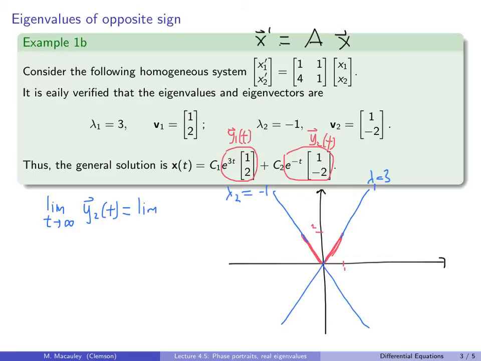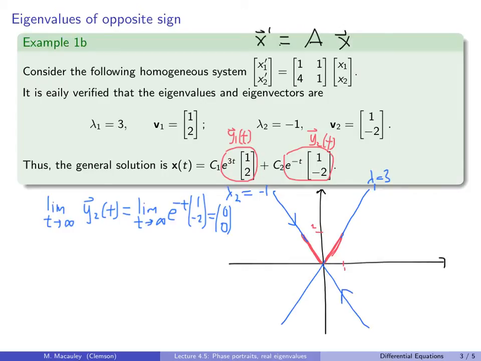So as t goes to infinity, taking the limit of y2 of t, that's e to the negative t, (1, -2), I just get the vector (0, 0), because this thing goes to 0. So that means anything along here is going to dive in toward the origin. So I'm going to denote that with arrows.